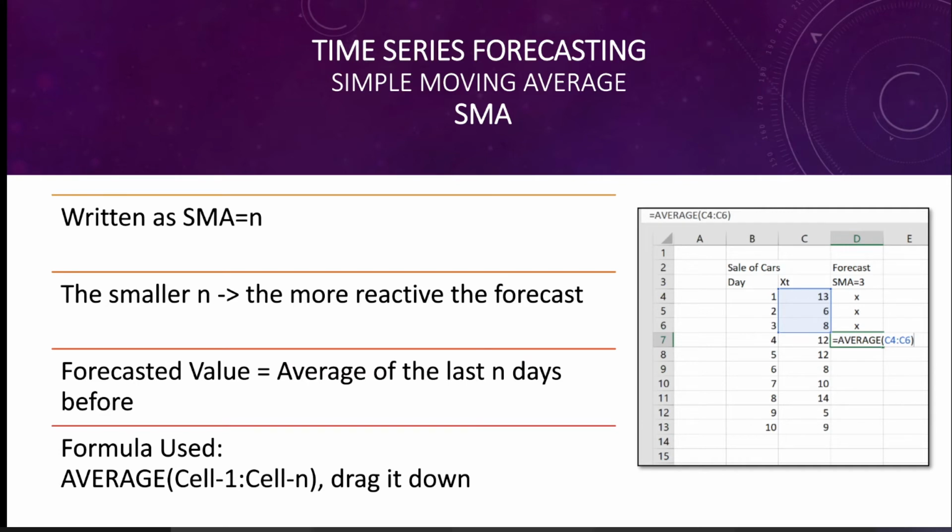Now, obviously, the smaller that N is, the less far back you go in your observations. So if you have N equals 2, this means you only take into consideration the last 2 observations, so yesterday and the day before, which means that it's very reactive.